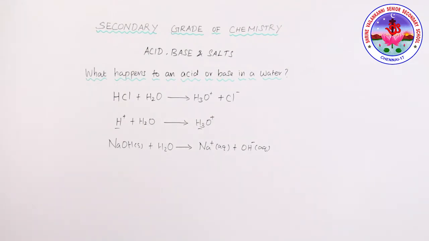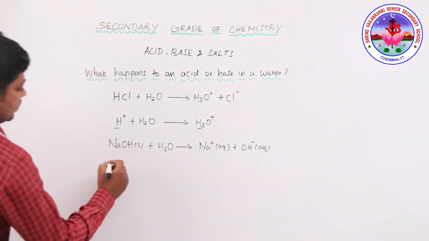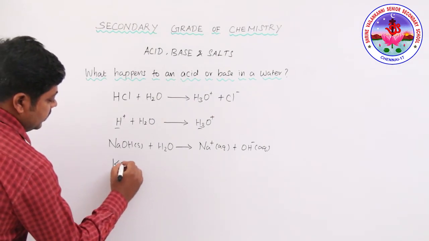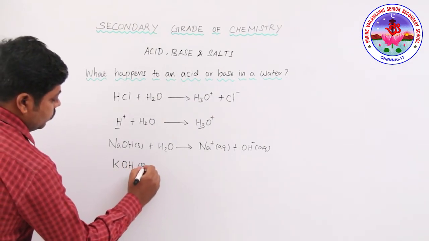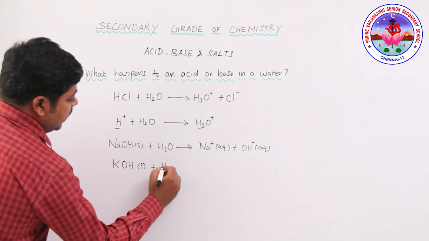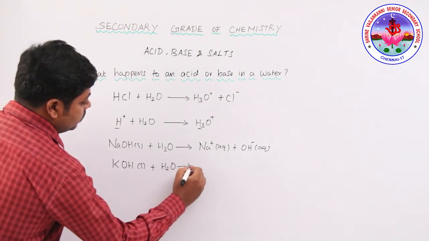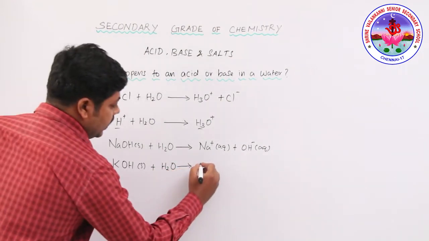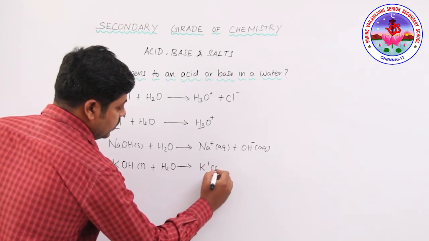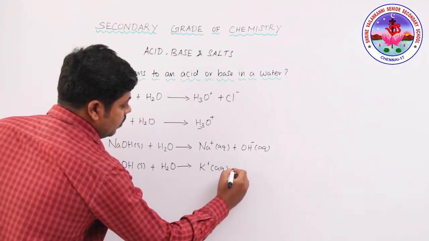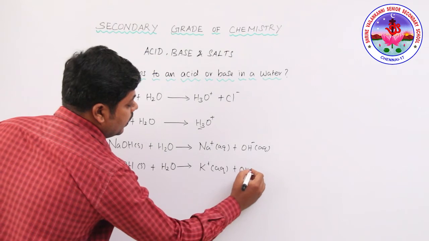Similarly, potassium hydroxide, KOH solid, also in pellet form, when reacted with water gives K plus aqueous and OH minus aqueous.